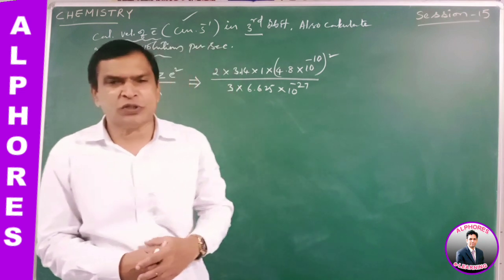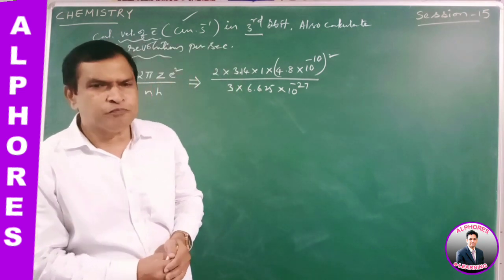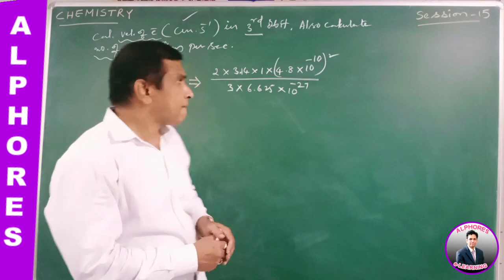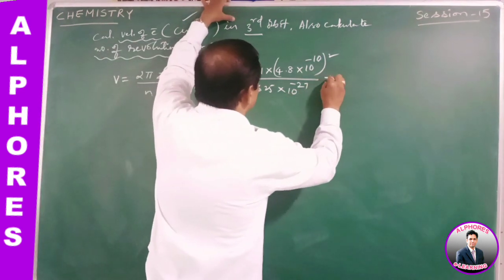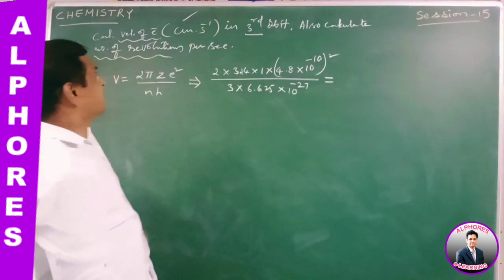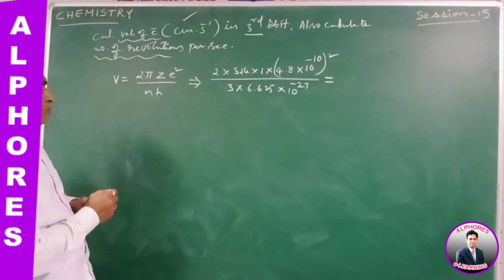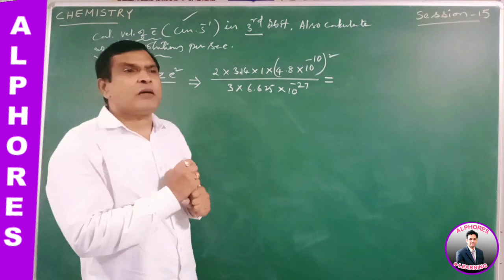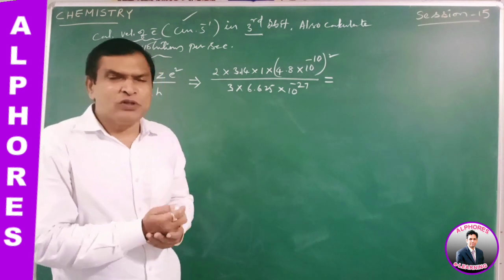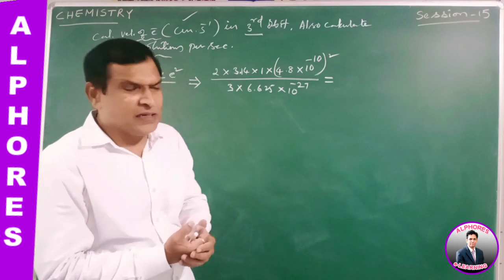This is the substitution. On simplifying this, we will get the answer, that is velocity of the electron in the third orbit of hydrogen atom.